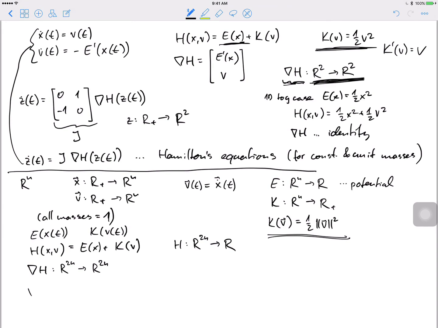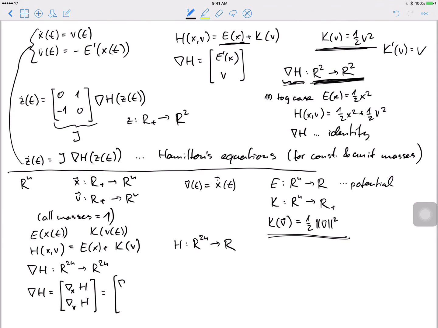The gradient of the Hamiltonian basically means, now it's slightly trickier because that's a multivariate differentiation, it's the gradient with respect to x of the Hamiltonian and the gradient with respect to the velocity part. So it's still very much the same thing as before.